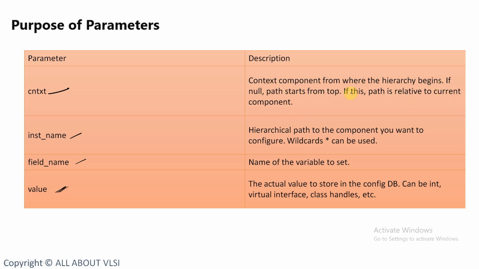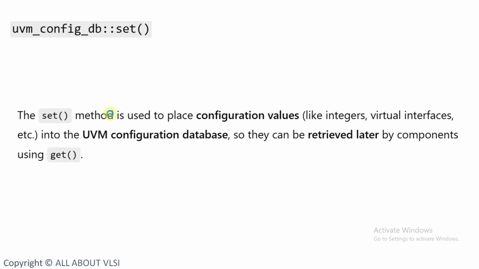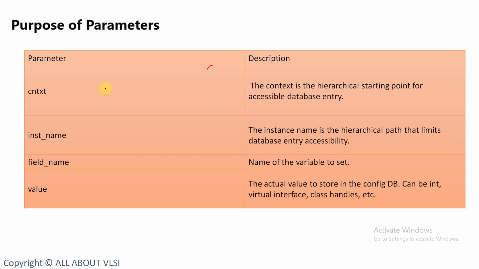Otherwise, the path is relative to the current component. This context is the hierarchical starting point for accessing the database entry. So using the first argument, we are mentioning which component is accessing the database.